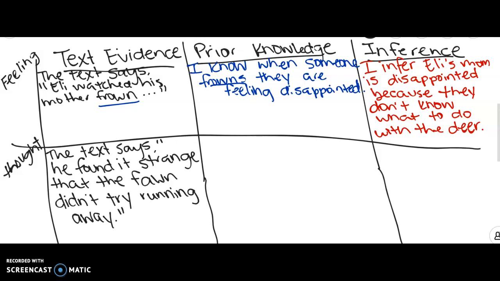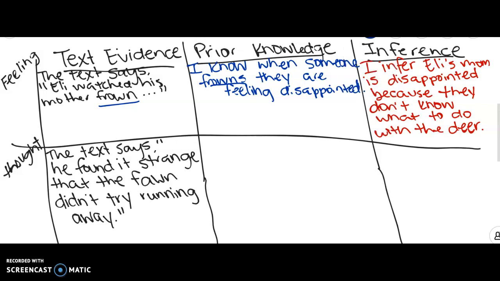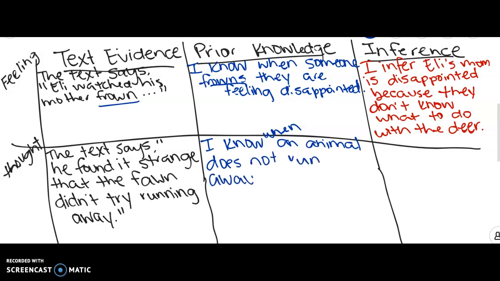So now we can make a prior knowledge statement. So I know when an animal does not run away, what do you think happens or what do you think is wrong with the animal? And I'm going to say, I know when an animal does not run away, it may not be scared.